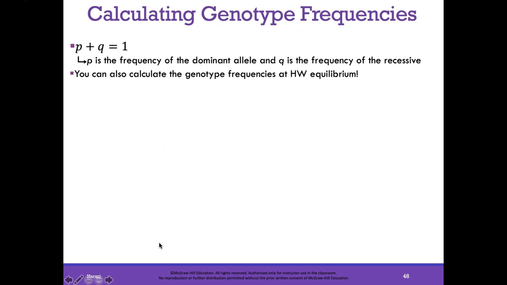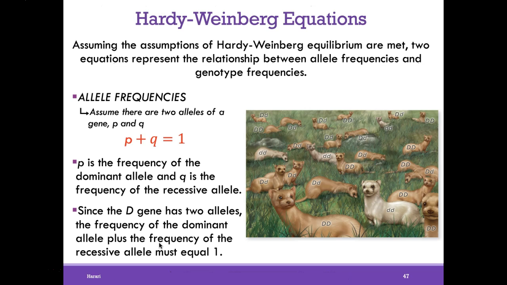And we know from the example before that we can count all 25 ferrets, and we know that there's a total of 50 alleles. Since 30 out of the 50 alleles are big D, the allele frequency for big D is 30 over 50.